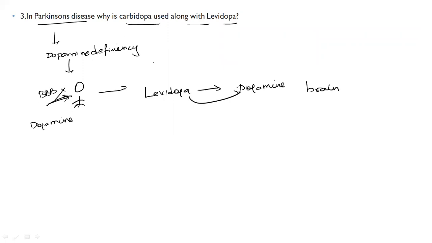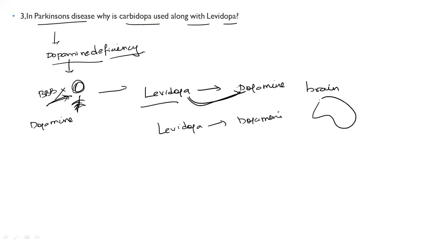So let me just explain again. In Parkinson's disease, there is dopamine deficiency, and you can give Levodopa. Levodopa does cross the blood-brain barrier, but I was trying to say this and I said it in a different way. When you give Levodopa, it is converted into dopamine before it reaches the brain itself.